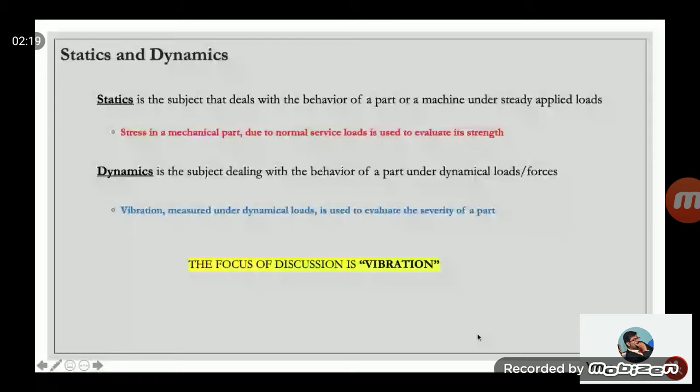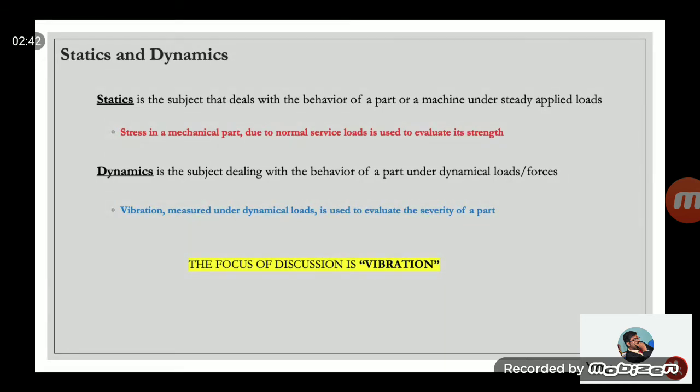Now, I will define what statics and dynamics are. Basically, statics is a subject that deals with the behavior of a stationary part under any applied load, a steady applied load. It's just one load applied on the machine or a part.